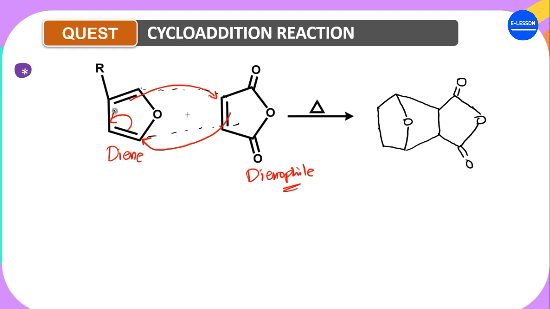Now recall that this double bond passed up here, so we have a double bond here, and this will be the product of the reaction. It seems technical, right? But we just have to memorize it or learn it.